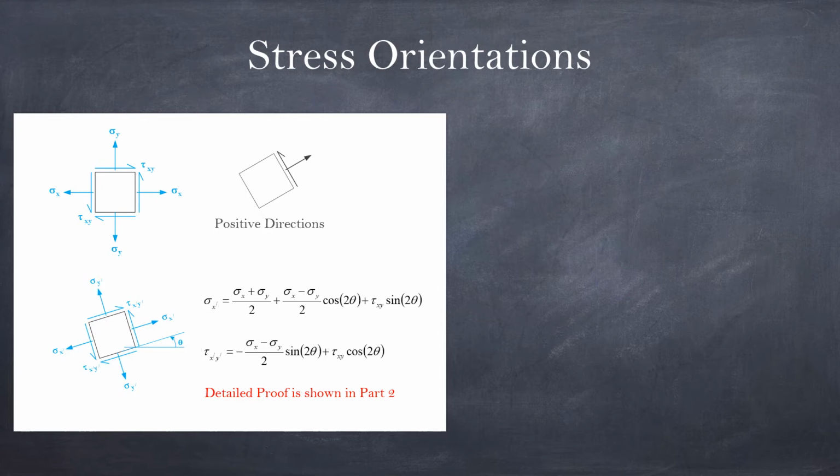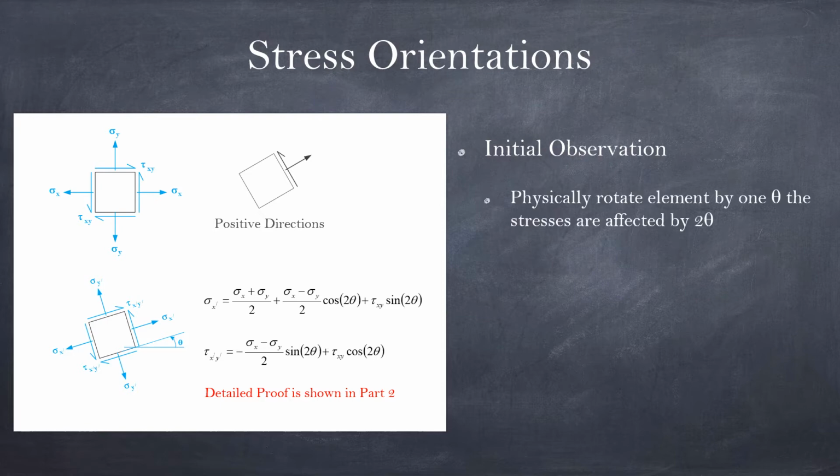And before we move on, I want to make an observation, which is a key point why I stop here. The first observation that we will have to carry on to the next stage is that if we rotate the element or change the orientation of the element physically by 1 theta, the equation shows that the stresses are affected by 2 theta, meaning we turn 1, the equation becomes 2, cosine 2, sine 2, right?